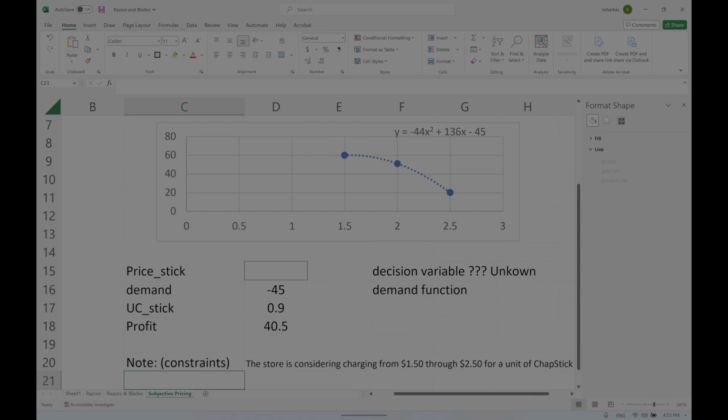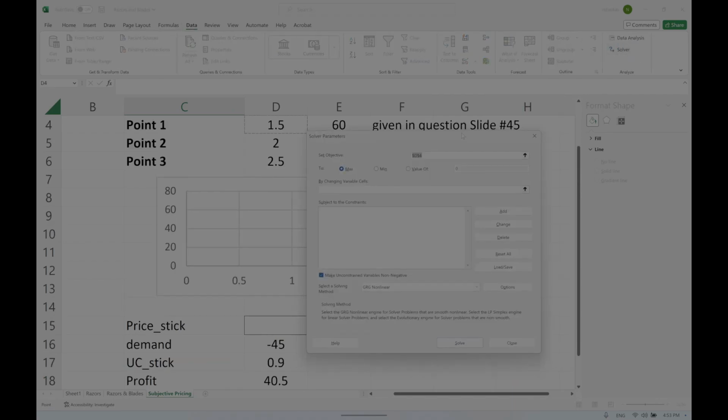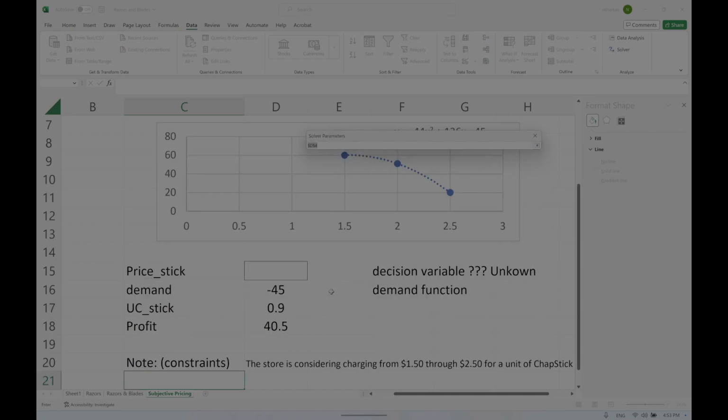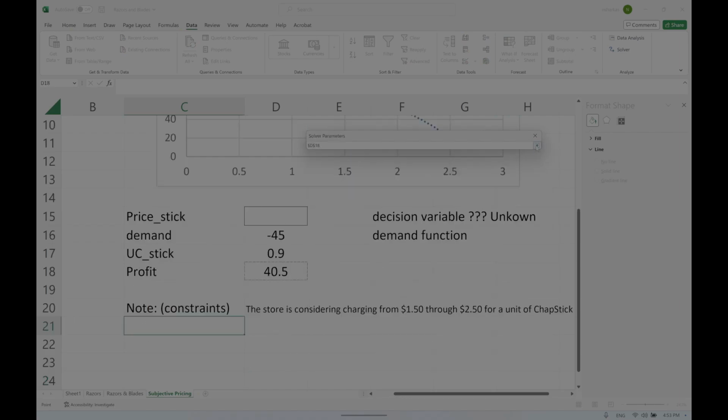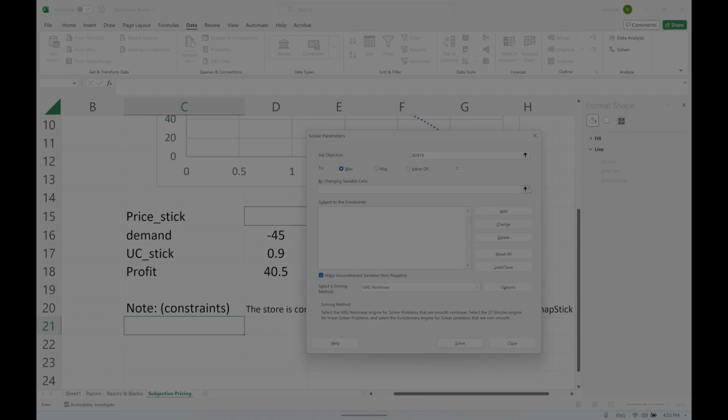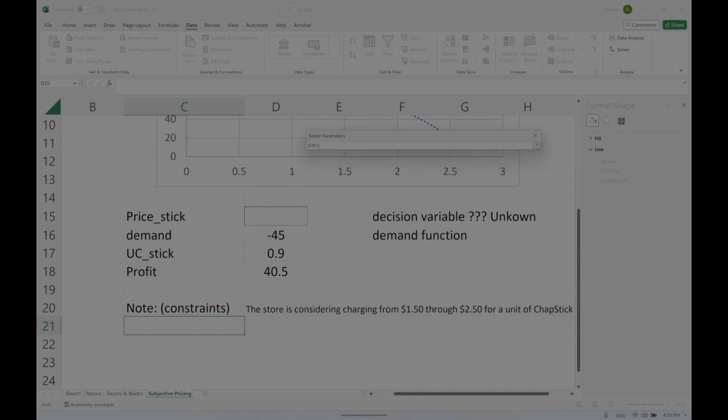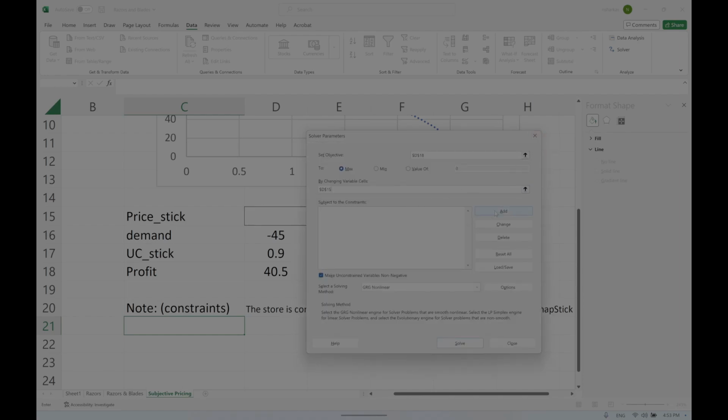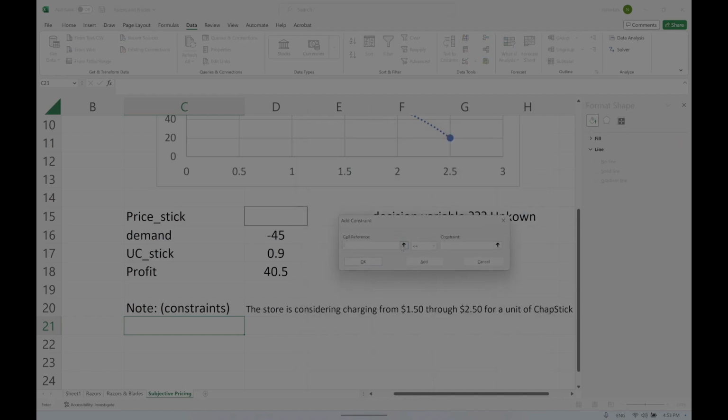Let's begin. So we're going to have Data, Solver, and then we're going to have profit, and then we're going to have Max, changing this, and we're going to add here Subject to Constraints. We're going to have this price to be greater than or equal to 1.5.